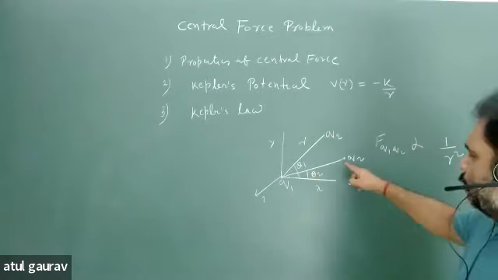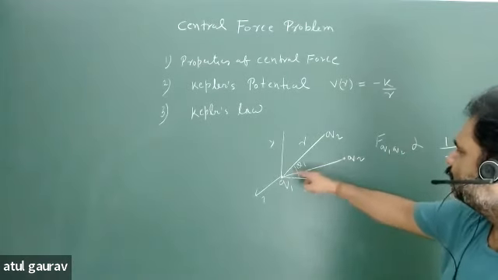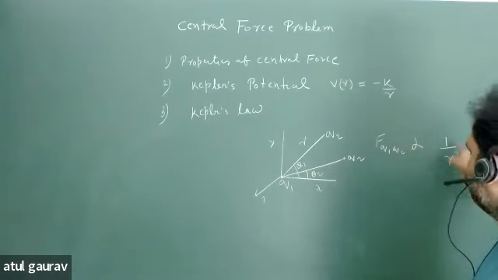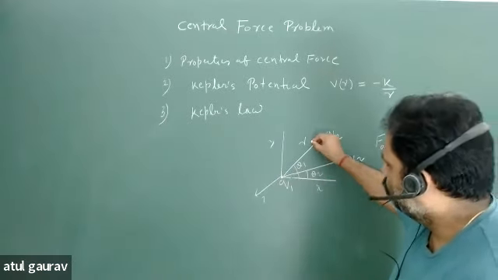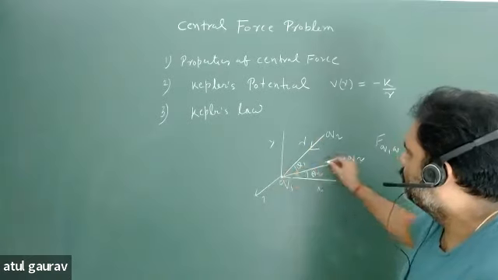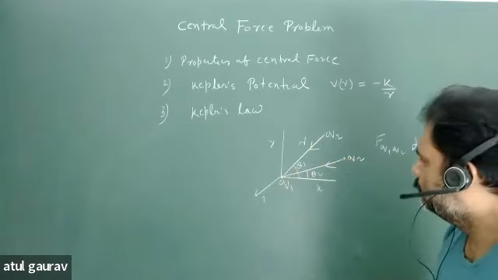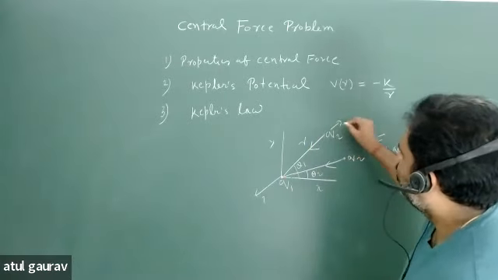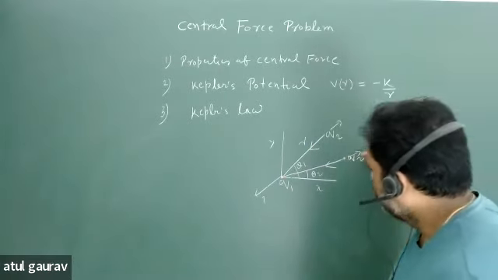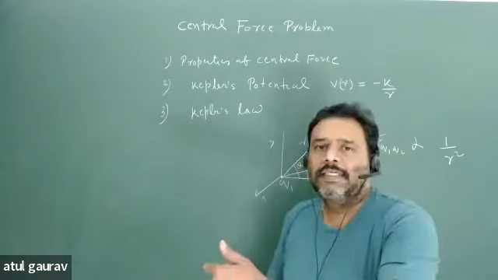What you will find is that if the distance remains the same, then the magnitude of the force will remain the same. If it is an attractive force, it will be towards the origin, and if it is repulsive, then obviously it will go outward like this. So the force is towards a center.